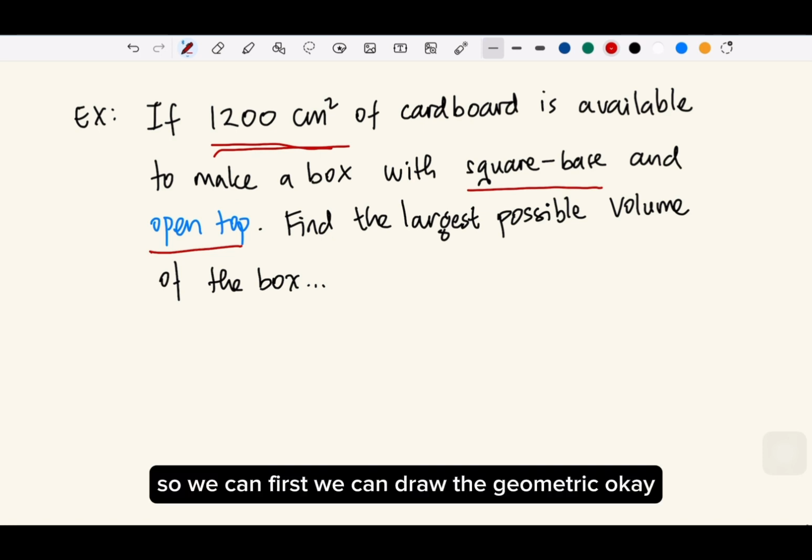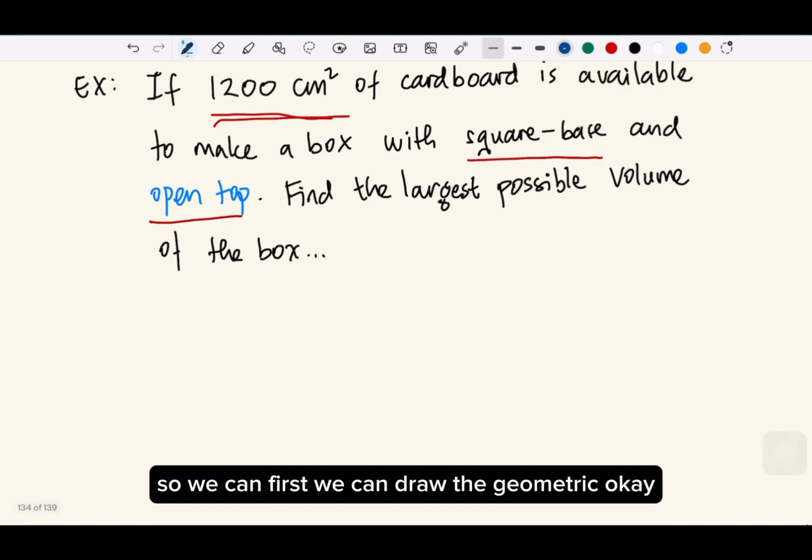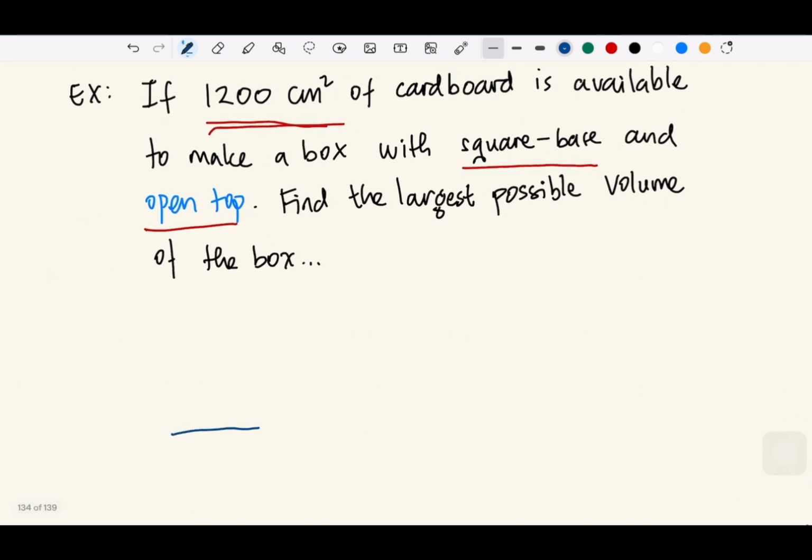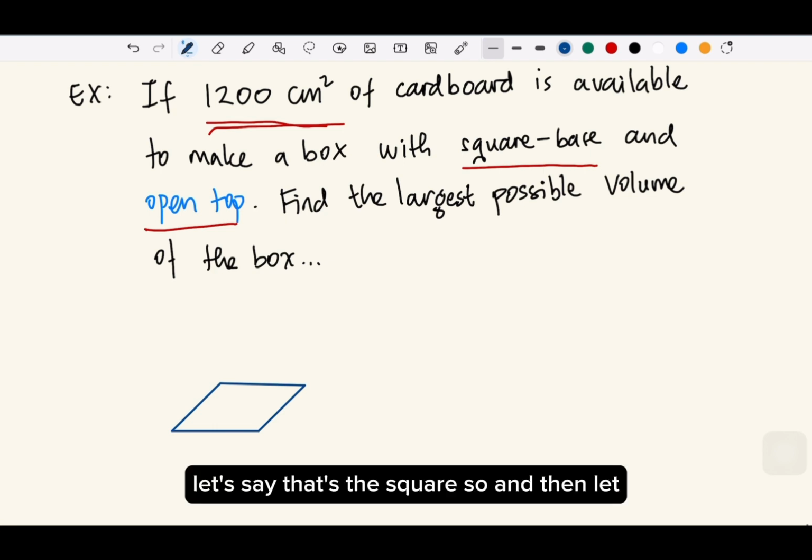So we can draw the geometry. Let's say that's the square, and then we can name the sides x and x.